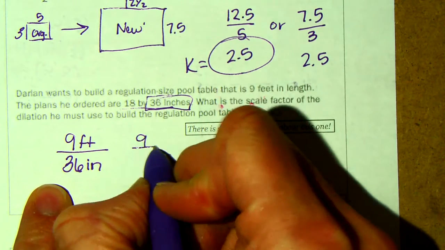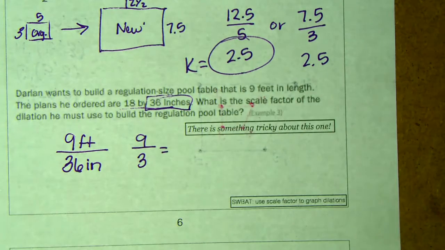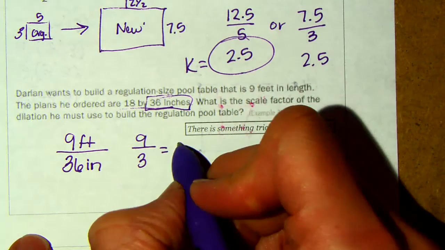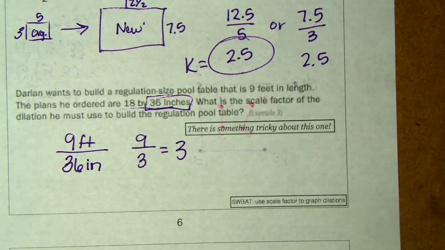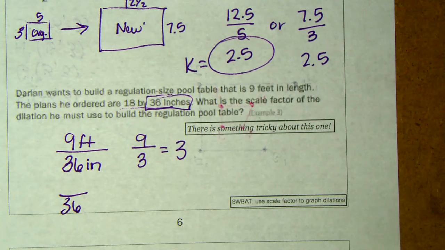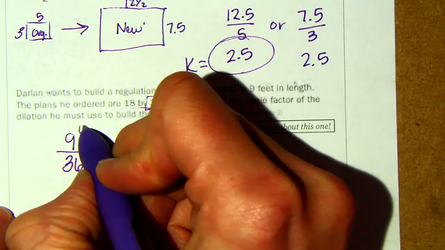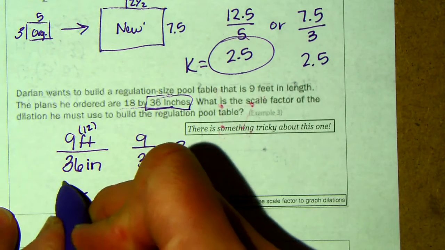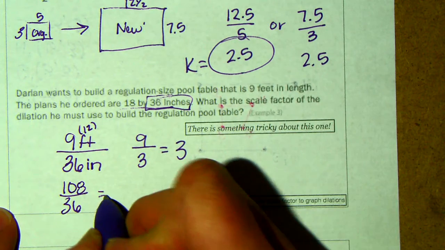Now, what if I would have said, I want to make them all inches? What do I got to do to the 9 feet? Times by 12. What's 9 times 12? I think it's 108. Hey, what's 108 divided by 36? It's 3.